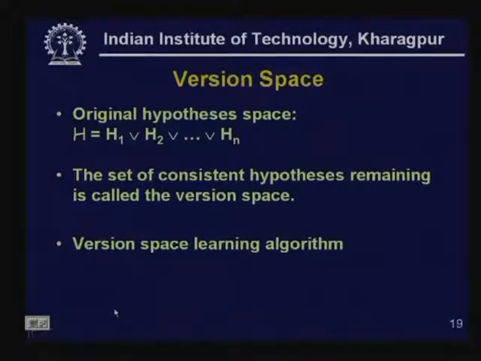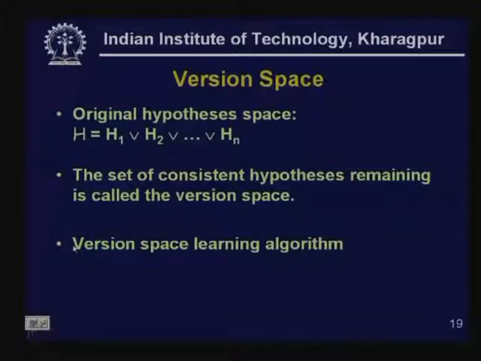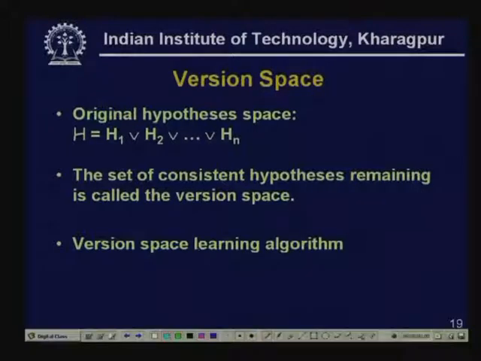One type of such algorithm uses the notion of what we call a version space. Suppose our original hypothesis space is capital H, and capital H consists of n hypotheses H1, H2, up to Hn. Now, when we see an example, some of these hypotheses are consistent with the example and some are not.